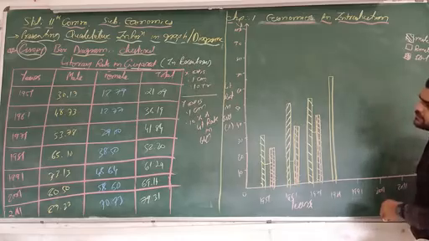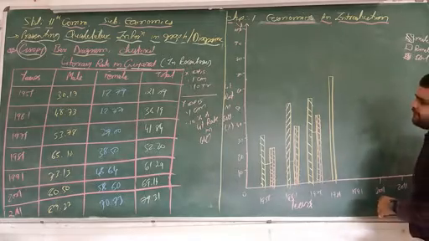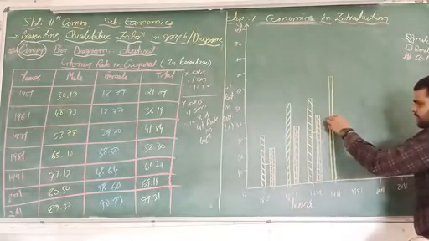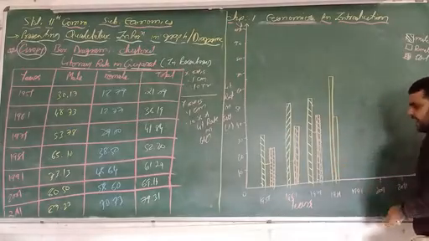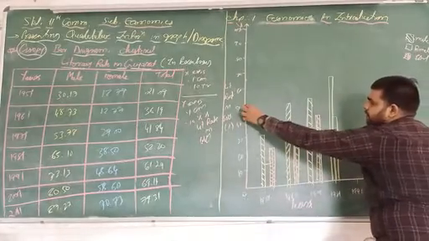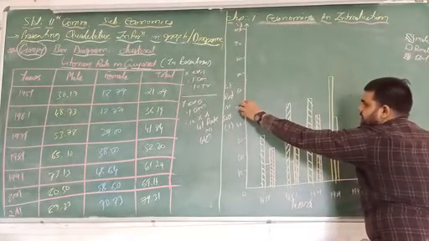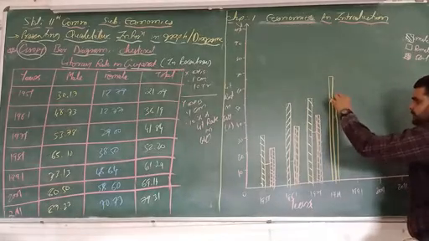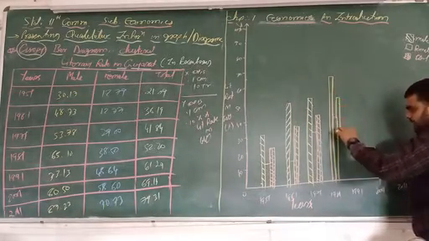Second one, 38.50. Between this 38 here. So 38.50. And third one, that is total 52.20. So 52 in between this. So 52 here. I will first join this line, thereafter another line.